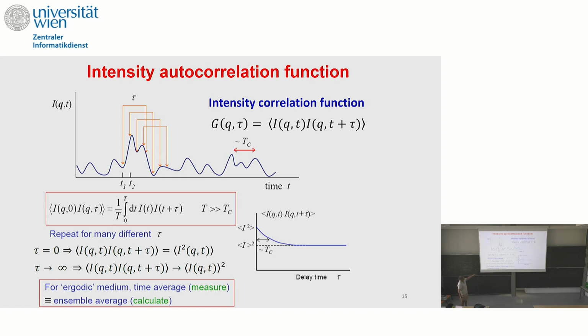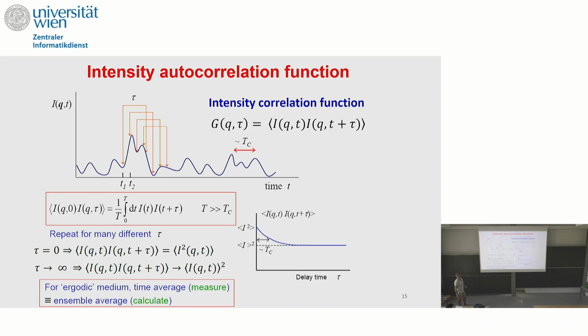And then you have to take an average of this quantity. And typically, the kind of average that you take is the simplest average that you can take in an experiment, which is just time average. So you calculate your intensity correlation function this way. You do this product time by time, and you integrate over the duration of your experiment, and you normalize with respect to the duration of your experiment.